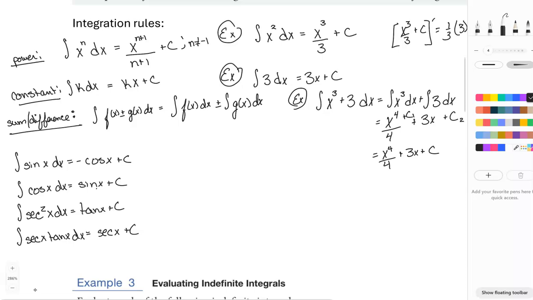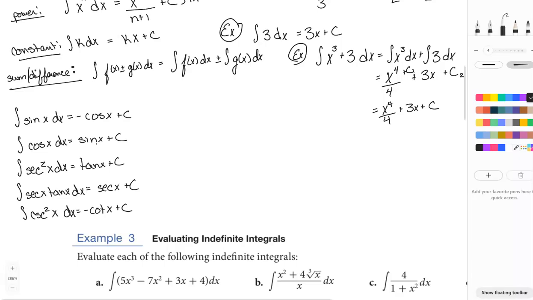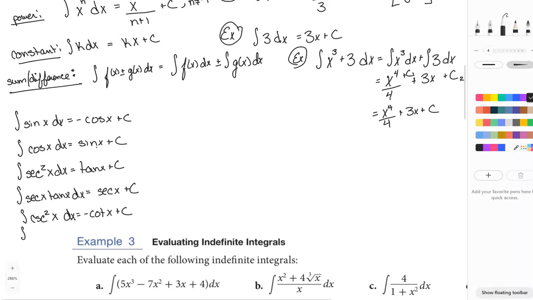So when I integrate that secant tangent, then I'm going to get secant. We could talk about the antiderivative for cosecant squared, which is negative cotan of x, and the antiderivative of cosecant x cotan x is negative cosecant of x.